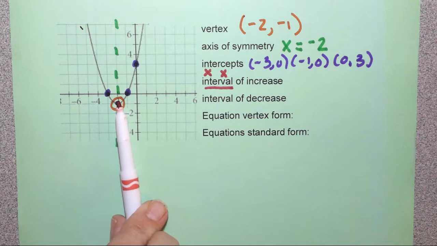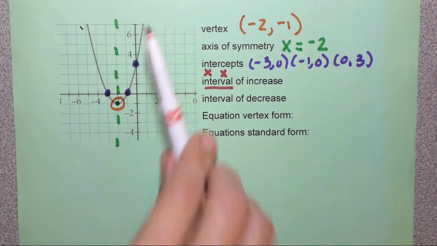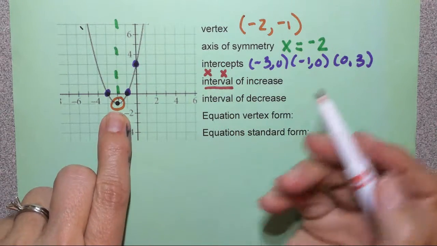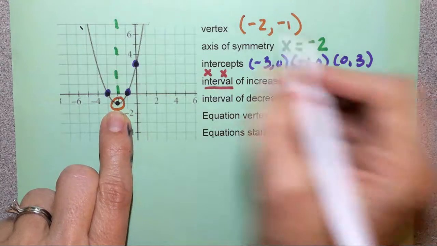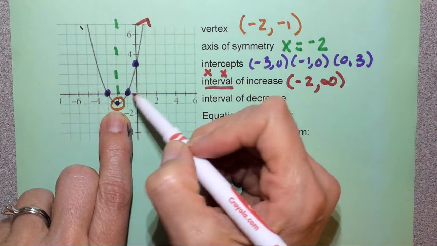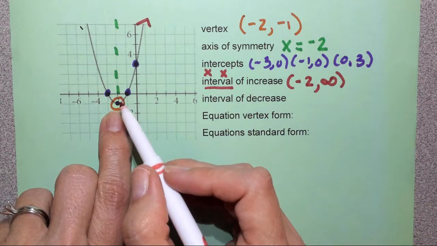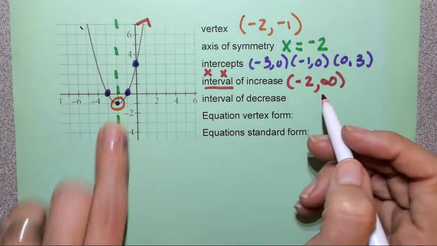And then once I turn after the vertex, that's when I start to increase. So my turn happens right here at -2, so parentheses because it's a turn, off to infinity. So my parabola is going to increase between the interval of x being greater than -2 off to infinity.